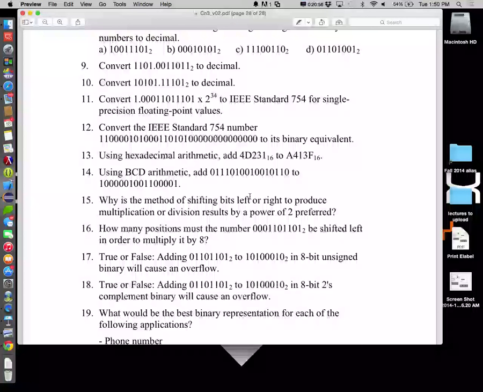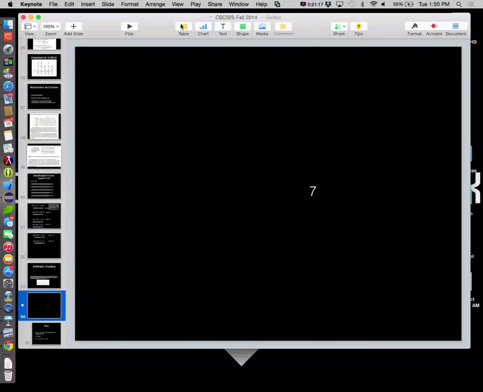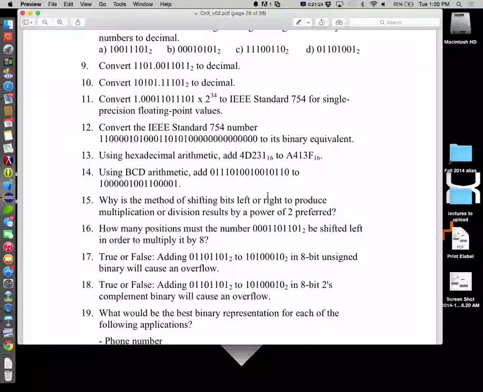17. True or false? Adding 011011101 to 101000010 in 8-bit unsigned binary will cause an overflow. All right, so let's write these guys. We have 0110 1101.